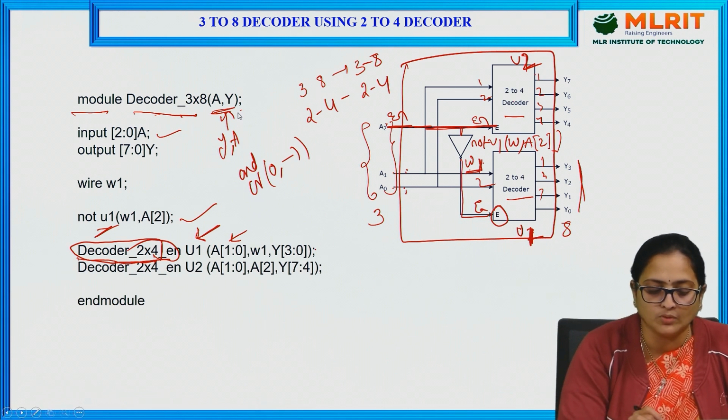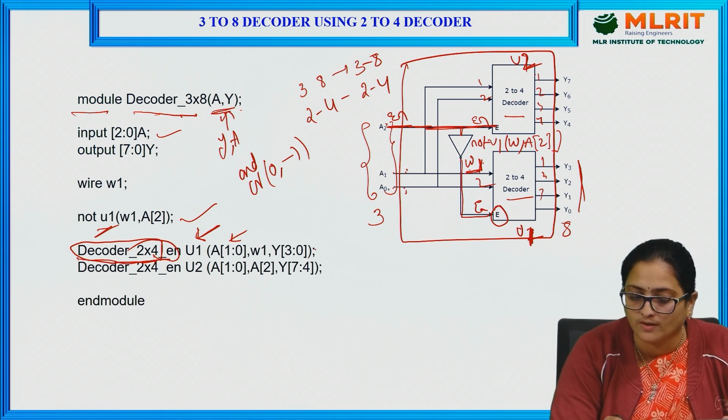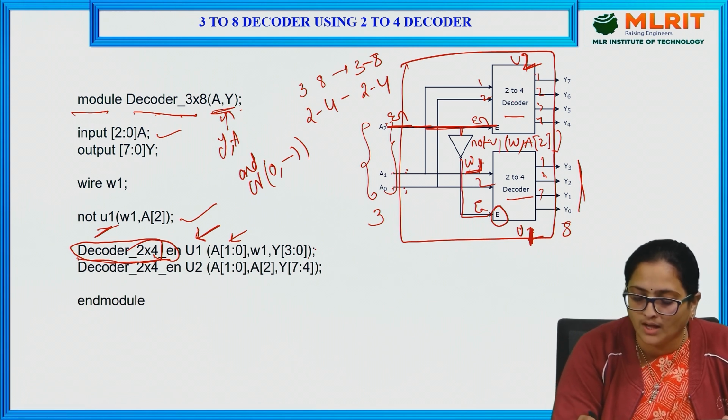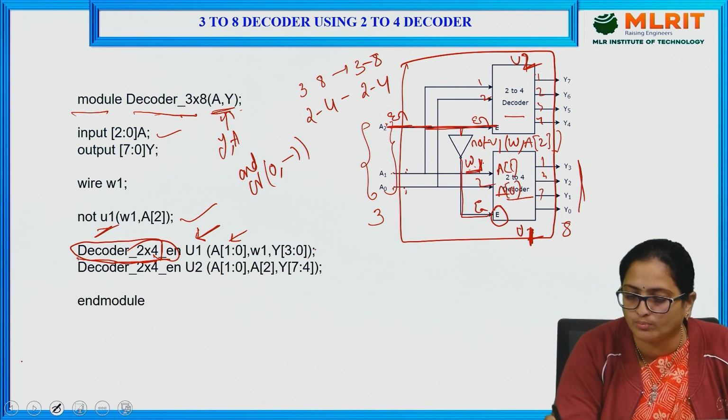And here I am calling the inputs first, followed by the outputs. So the inputs here are A[0], A[1] and W1, and the outputs are Y[3:0].